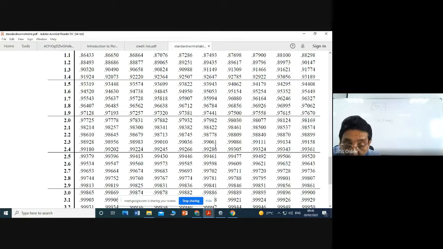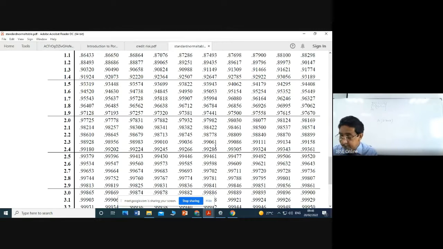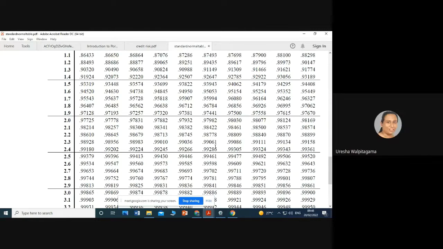But what I feel is that these two figures, 0.99036 and 0.99061, represent a 0.01 difference.